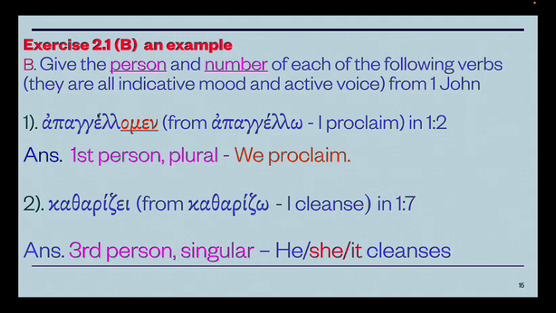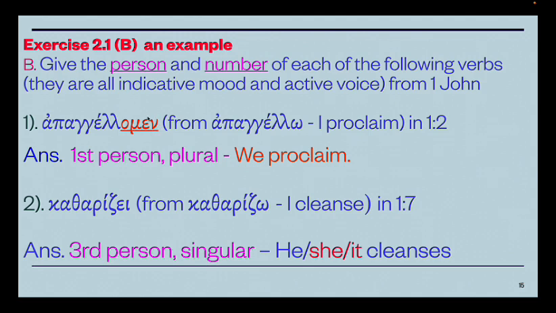Here is an example. The verb that was given is apangellomen from apangello, I proclaim. Apangello is the first person singular. So the translation is I proclaim. And your answer should be, for example, if you are given this verb, you should just answer that this is first person singular. Here is an example for apangellomen.